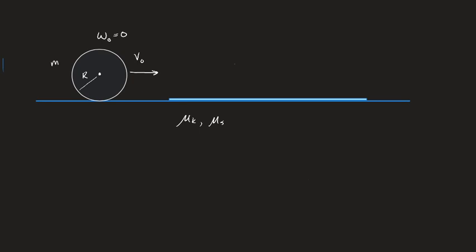When it encounters this surface, it is going to experience a frictional force that's going to cause it to change its velocities. And eventually, over time, the ring will go from sliding and no rotation to rolling. We'll just call this V final and omega final.